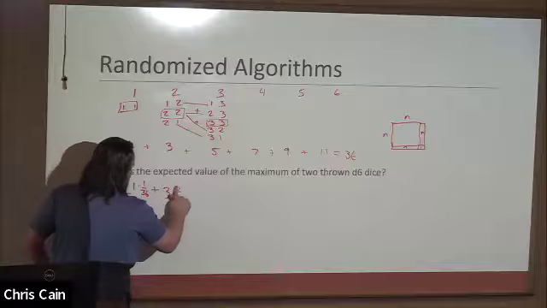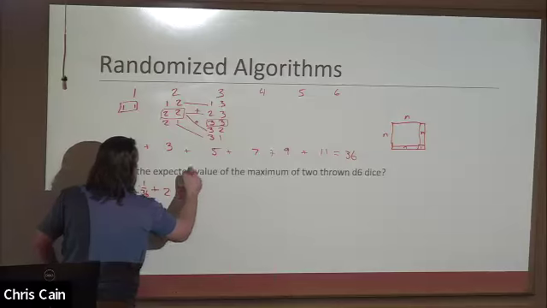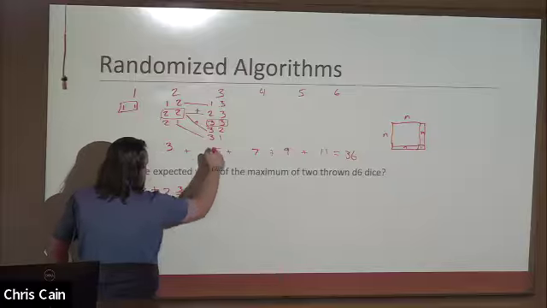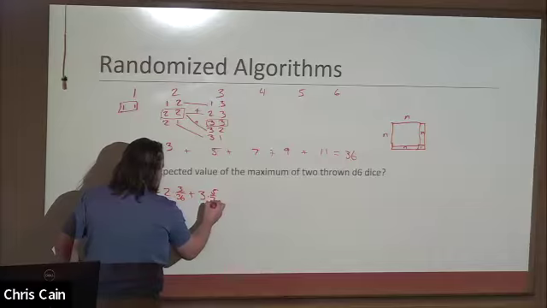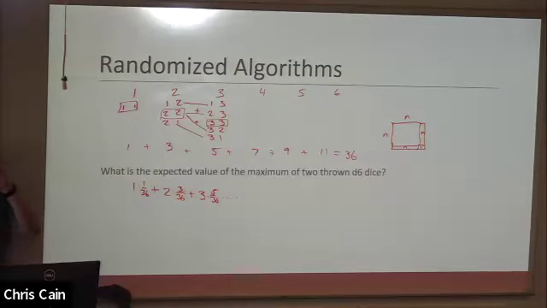There's 3 out of 36 chance to get a weight of 2. Flip that. Plus, to get a weight of 3, the probability of getting that is 5 out of 36. And as we do this, what answer do we get?